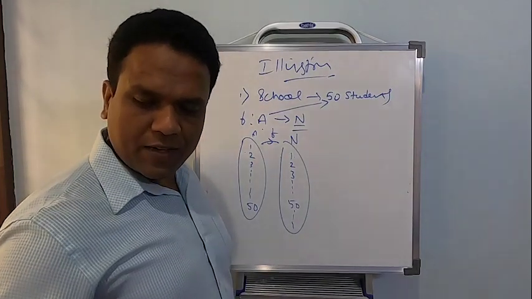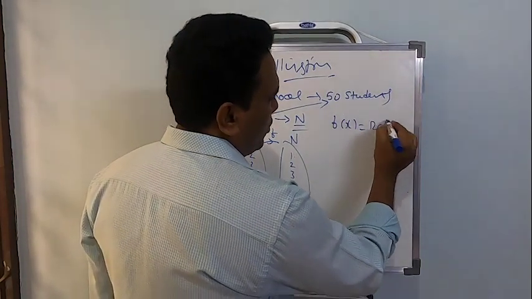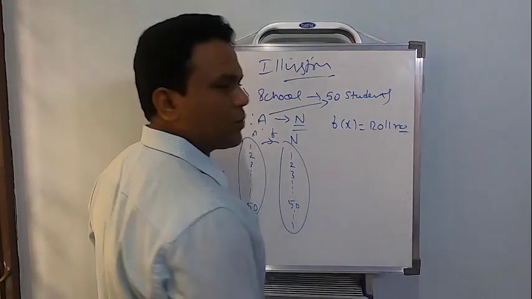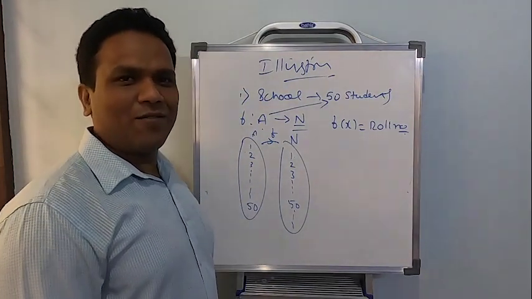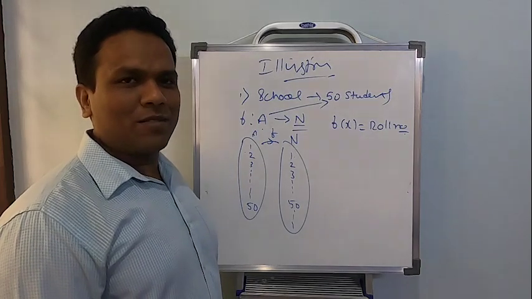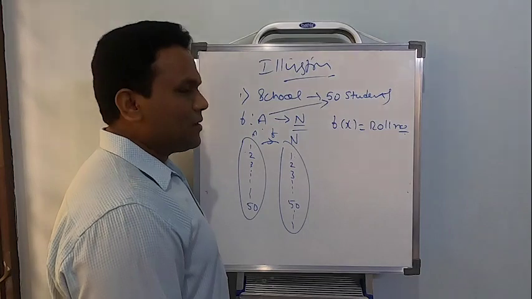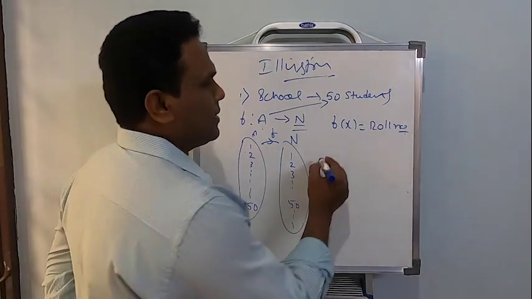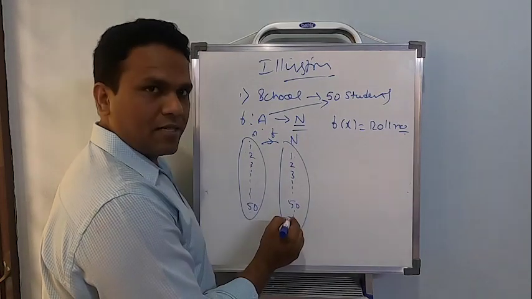But the function is defined as f of x equal to roll number of a student. Now what do you say? Will one student have two roll numbers? Is it possible? Nowhere, right? Got it. Okay. Now can I say that every element of set A is having different images in set B?